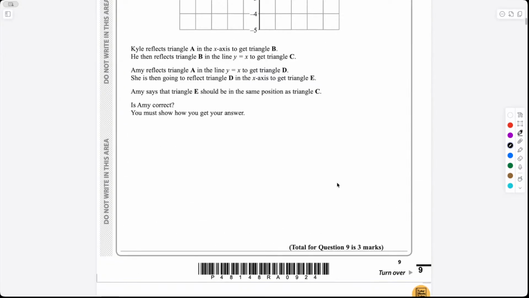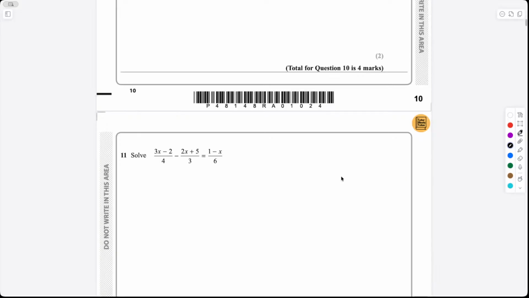Do I just do a question for the sake of doing a question? Okay, so let's do this question where it's asking us to solve these three. This side of the equation and this side need equal denominators so that I can solve this question.